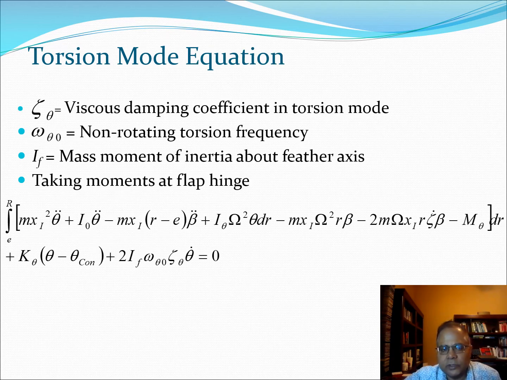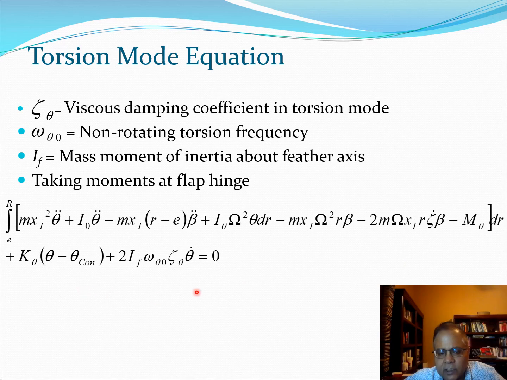And as before, this zeta subscript theta term is a viscous damping coefficient in the torsion mode. Also we see that the non-rotating torsion frequency is there, and I_F is the mass moment of inertia around the feathering axis. Now we take all these moments and then we sum equal to 0.